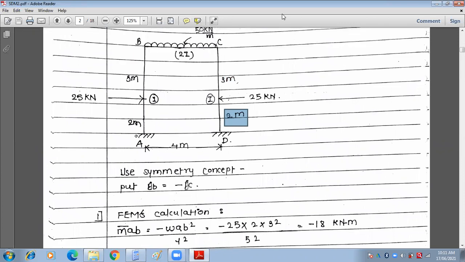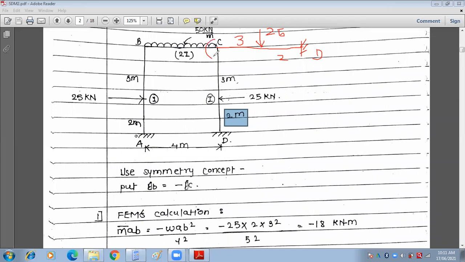Simply, I have made this vertical member horizontal, with D here and the load here, where this span is 3 and this span is 2.